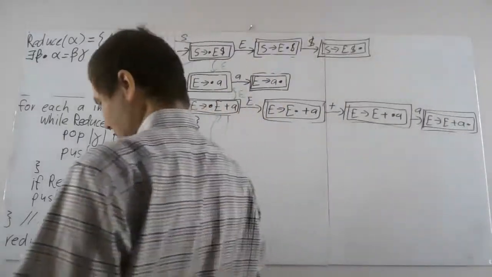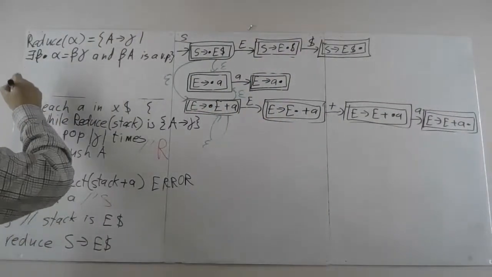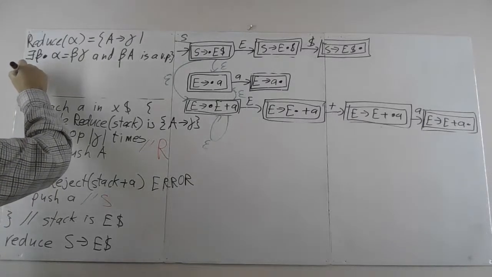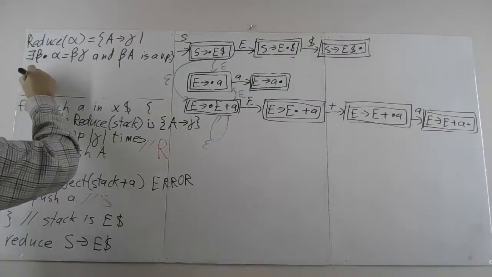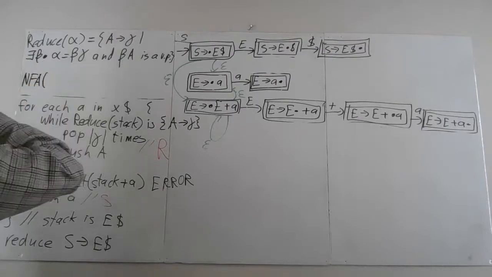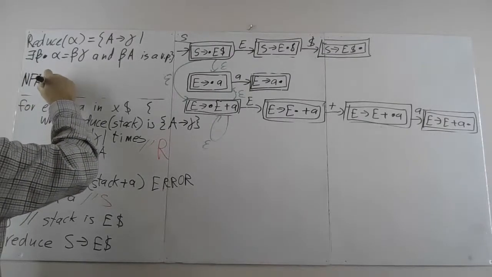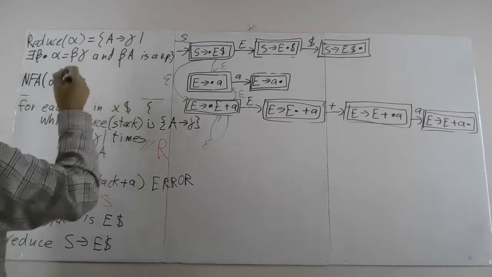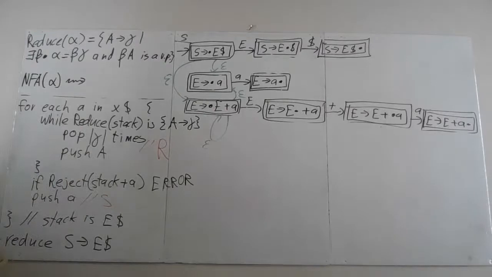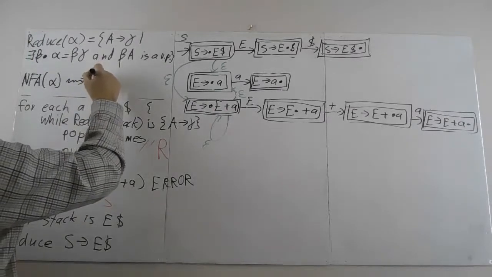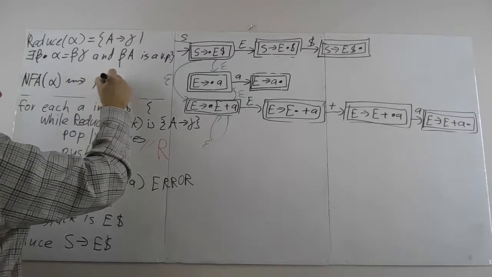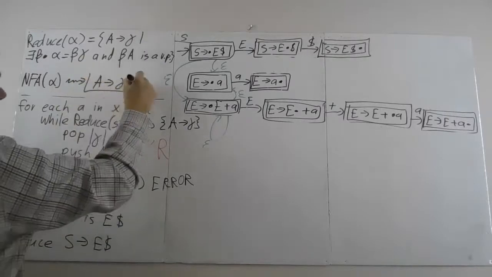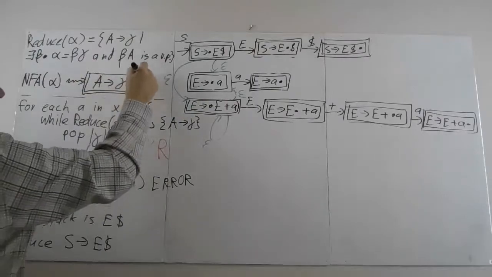So I'm going to say here, if running the NFA on alpha, and I'll do the squiggly arrow just to say that the NFA ends up in a state that has A goes to gamma with a dot at the end, and I'll draw it as a state here.